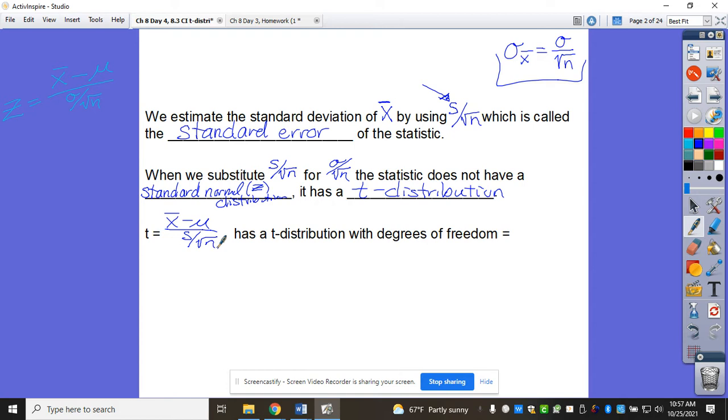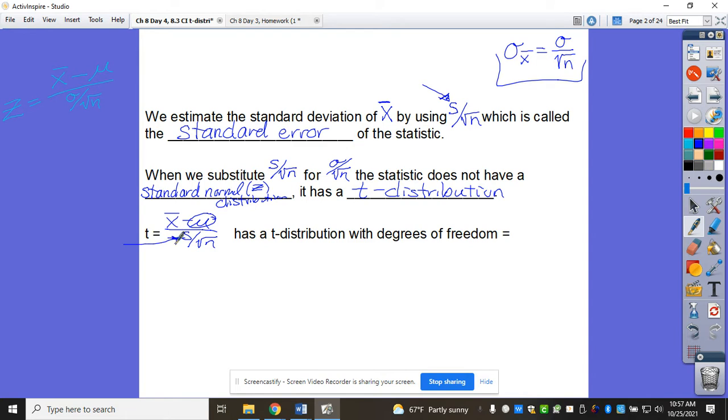So what happens here is, how many variables did I have to estimate in this equation right here? I'm solving for this. I'm not plugging anything in. So how many numbers did I have to plug in that I estimated? We had to estimate what sigma was by using S, right?